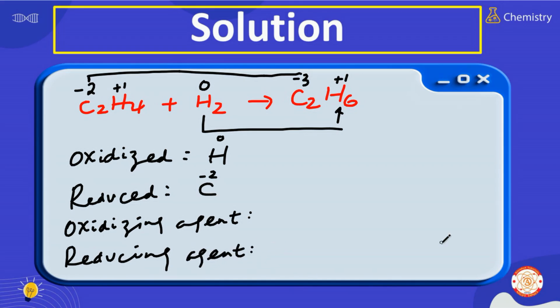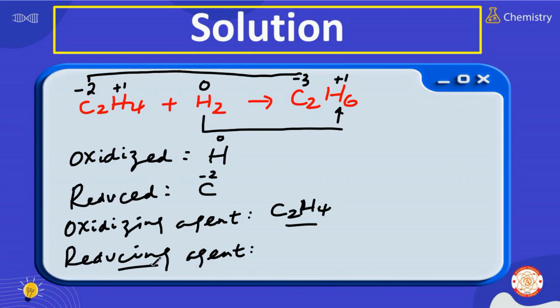Okay, so now let us identify which species is the oxidizing agent. So remember, oxidizing agent is a substance that helps another substance to get what? Oxidized. But itself gets what? Reduced, right? So carbon has been reduced, therefore the oxidizing agent is C2H4. You have to write the substance as a whole.